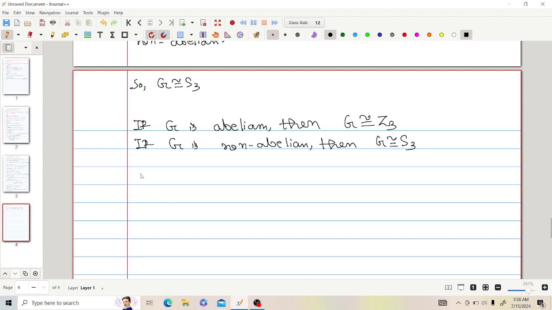And in GATE, the question is given: how many such groups are there which have exactly 3 conjugacy classes, and the answer is 2. So the number of such groups is 2, and in GATE this is given as a NAT type question.